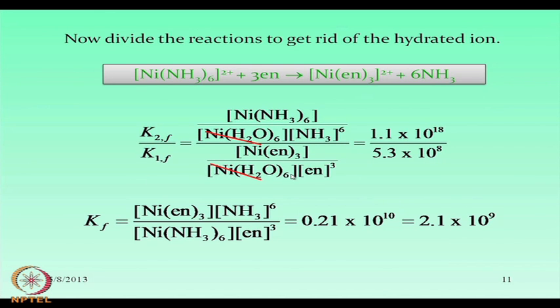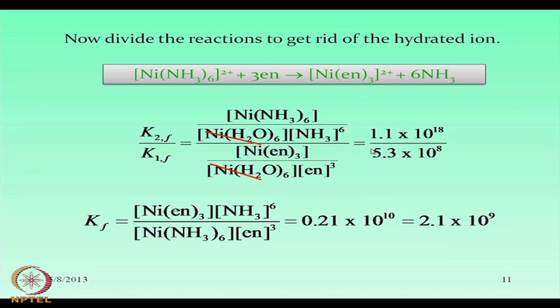So, in these two steps, that means if we just get the values for the formation of these, the corresponding K2 and the corresponding K1 for the amine complex and the ethylenediamine complex, both of them are forming from the aqua complex.